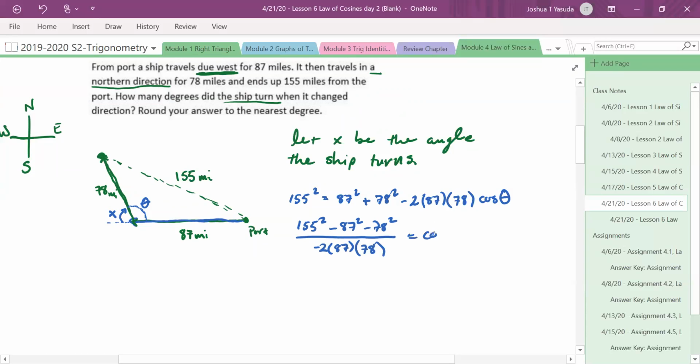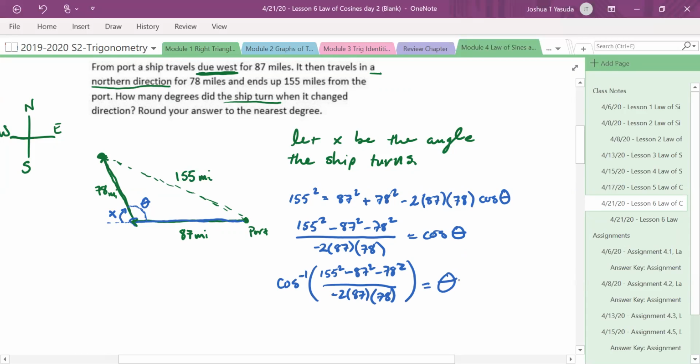And that is what cosine of theta equals. Then I'm going to do the inverse of all that. So 155 squared minus 87 squared minus 78 squared over -2 times 87 times 78 equals theta.